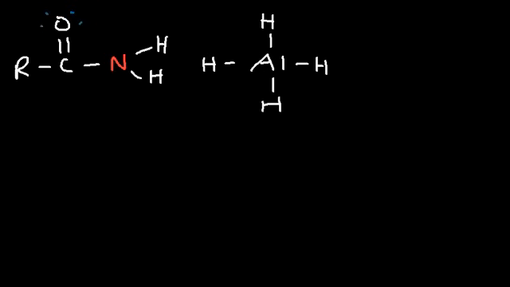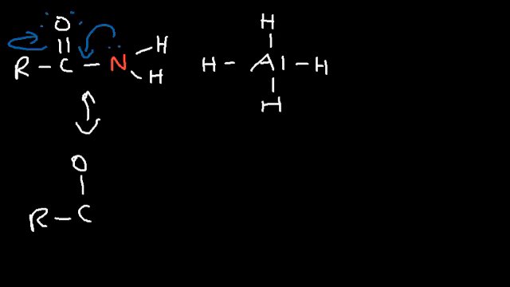Well, to answer this question, we need to draw the resonance structure of the amide. The nitrogen atom can donate a pair of electrons, causing the pi bond to break. And so we're going to get a resonance structure that looks like this. In this resonance structure, notice that nitrogen has 4 bonds.